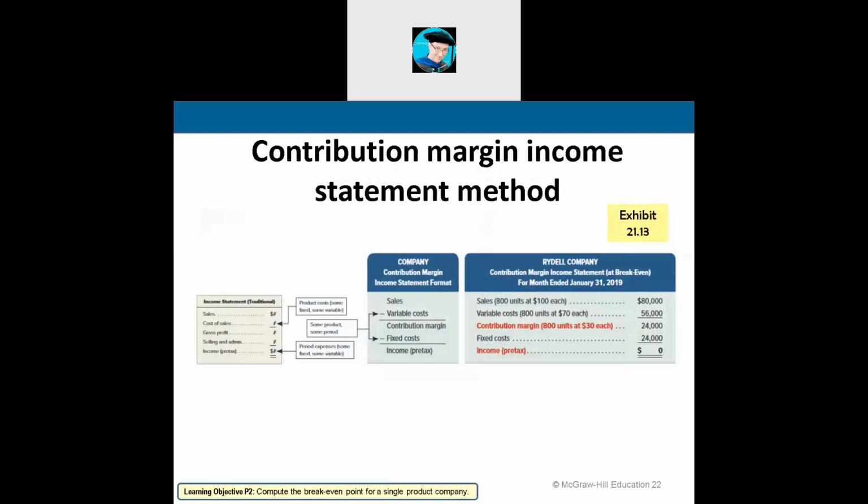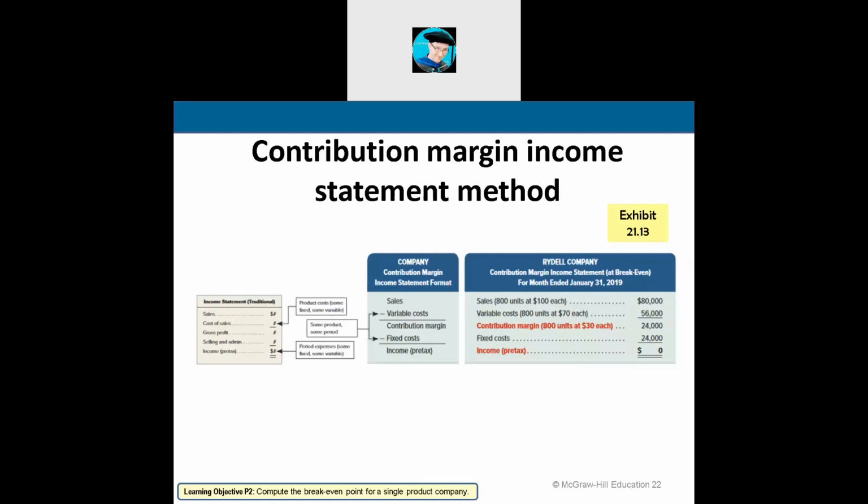Okay. We can also figure out the contribution margin by looking at our income statement. Remember, our income statement has sales minus cost of goods sold equals gross profit minus our expenses equals net income. We can take a few of those items on our income statement and figure out the contribution margin.